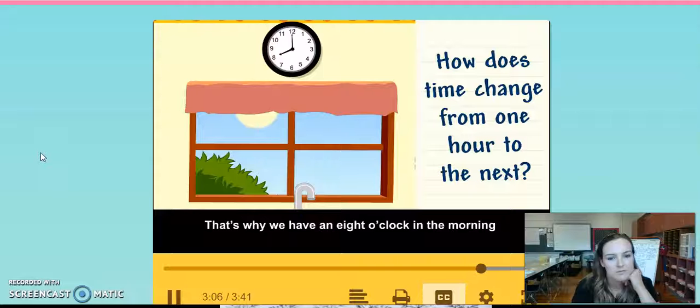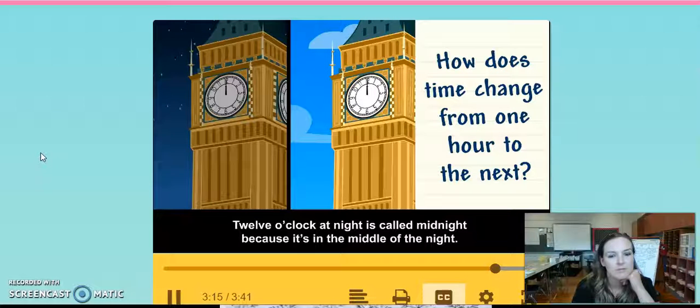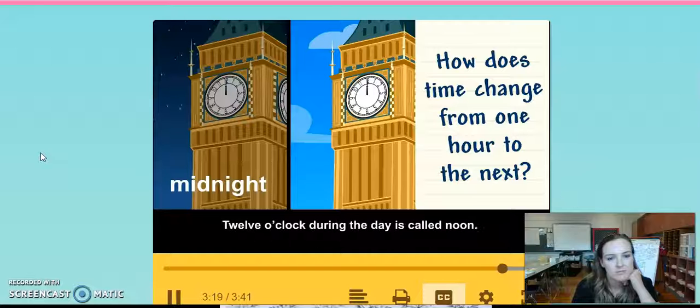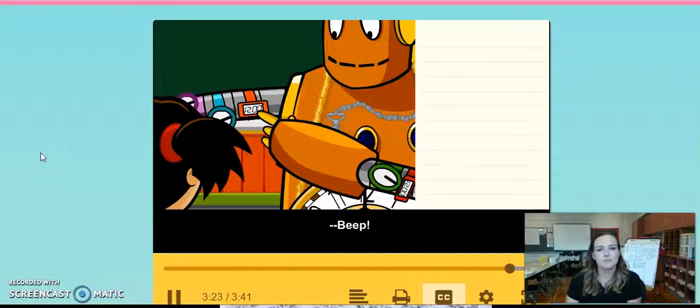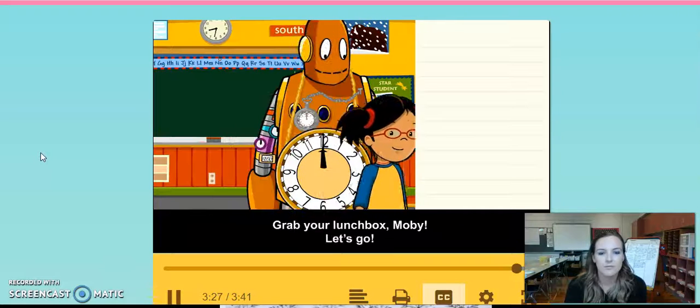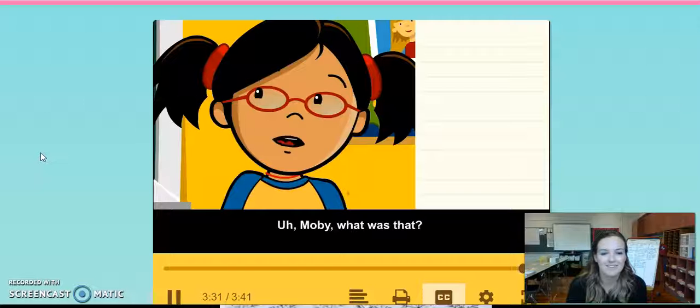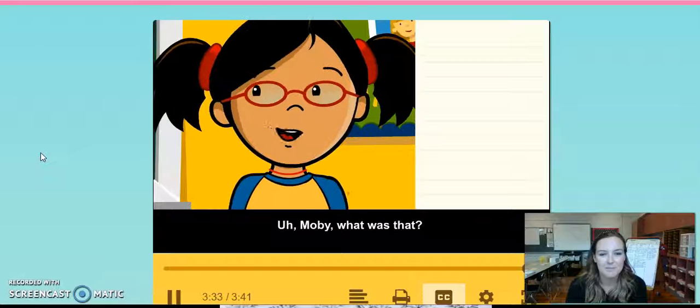That's why we have an 8 o'clock in the morning and an 8 o'clock at night. 12 o'clock at night is called midnight because it's in the middle of the night. 12 o'clock during the day is called noon. Hey, it's noon now. Grab your lunchbox, Moby. Let's go. Moby, what was that?